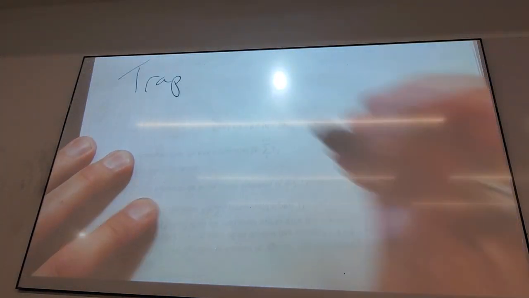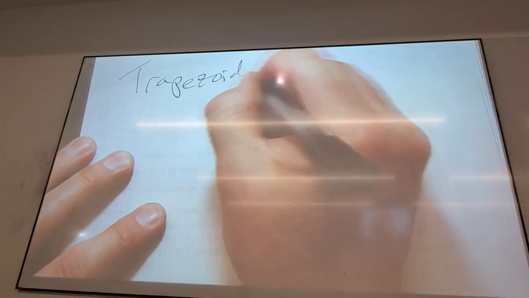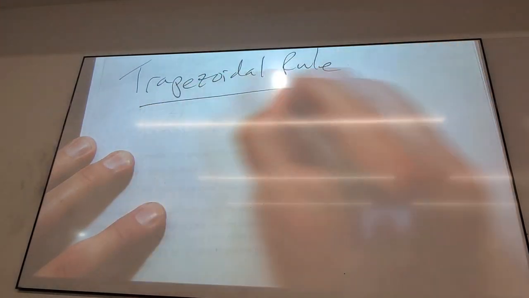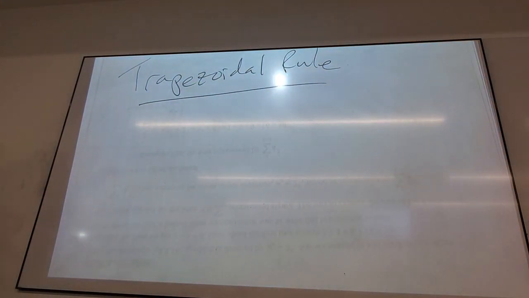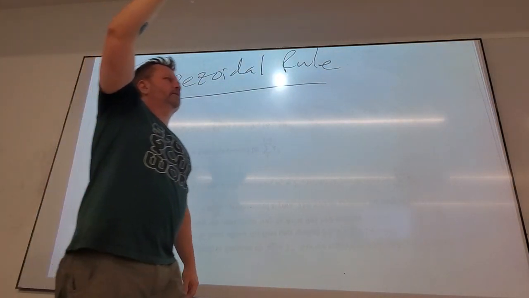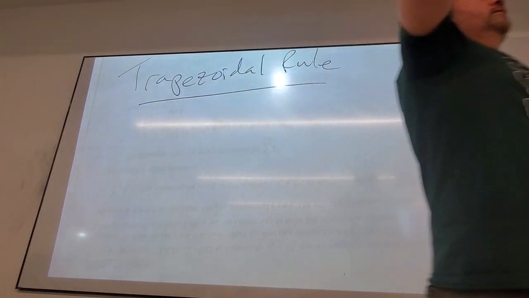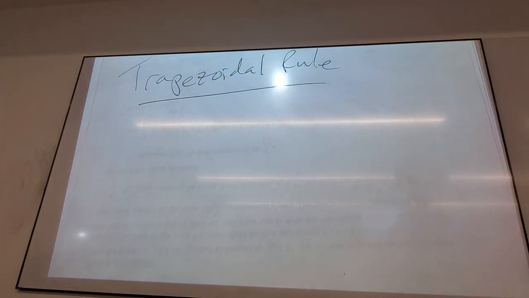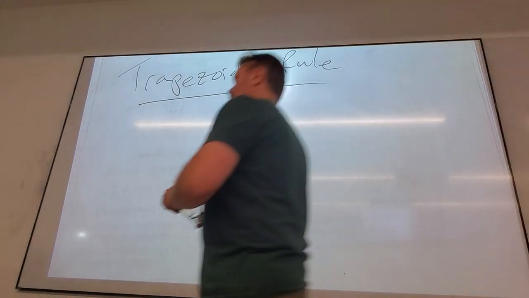So that's something we call the trapezoidal rule. And then the other shape is going to be parabolas. But that's not the parabolic rule. We give Simpson credit, so it's Simpson's rule. I forget his first name, so I'm sorry. We'll say it was Simon Simpson.